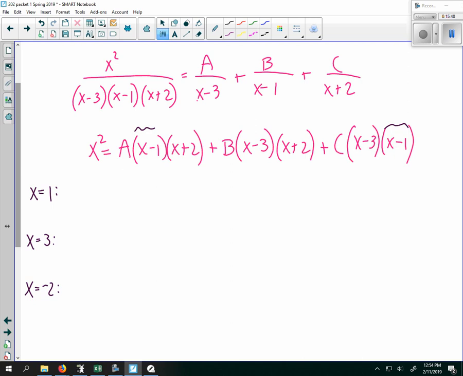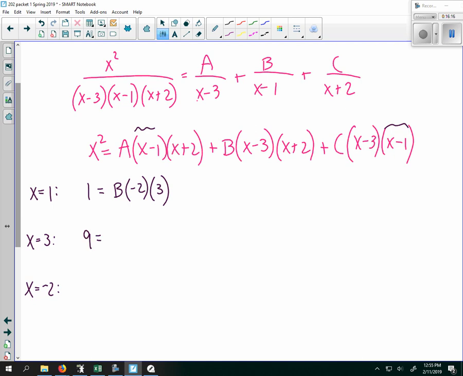All right, so when x equals 1, I get 1 equals, my first term goes away. My second term is b times x is 1, so negative 2 times 3. And then my third term goes away. When x equals 3, I get 3 squared, which is 9.